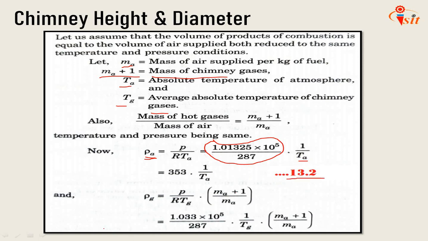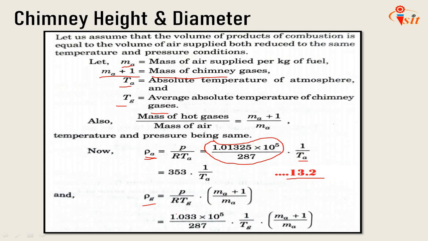Similarly for chimney gas, rho G equals P upon R Tg. So the temperature of gas we need to consider, and Ma plus 1 upon Ma. We need to consider both. Mass of hot gas is the sum of mass of air plus mass of fuel. So 1 is the mass of fuel, so Ma plus 1 upon Ma.